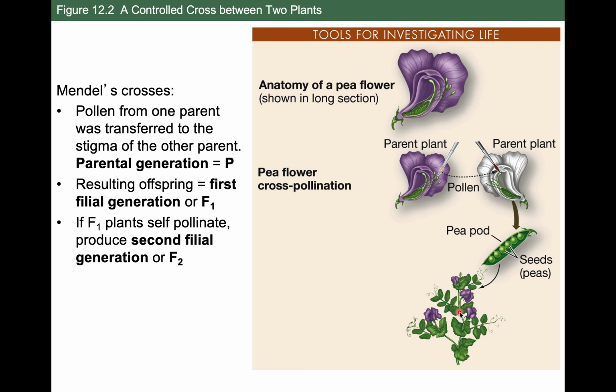He would grow those up, and that would be his F1 or first generation. So parental generation gives rise to the F1 generation, and then he would just allow that F1 generation to self-fertilize. So this plant would just breed with itself, and then he would go one more generation, right, to the F2.